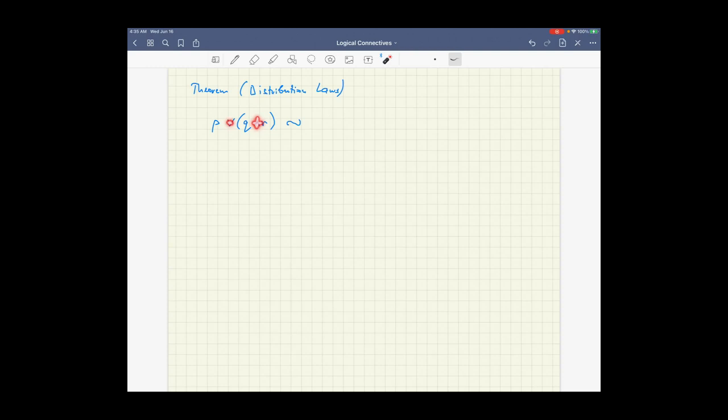So it will be P or Q and P or R. And the same with the reversed symbols.